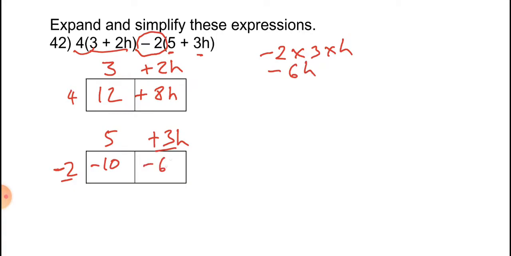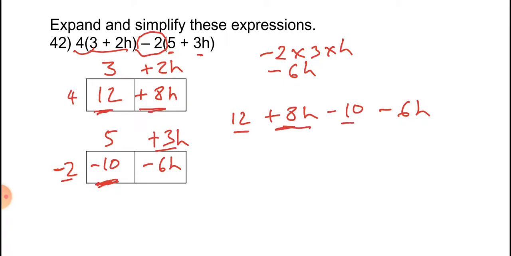So write that here. So now we've got our 4 terms in these 4 rectangles. So in the top one we had 12 plus 8h, and the second one we've got -10 here, -6h. So remember, this 12 comes from here, this plus 8h comes from here, this -10 is here, and -6h is here.